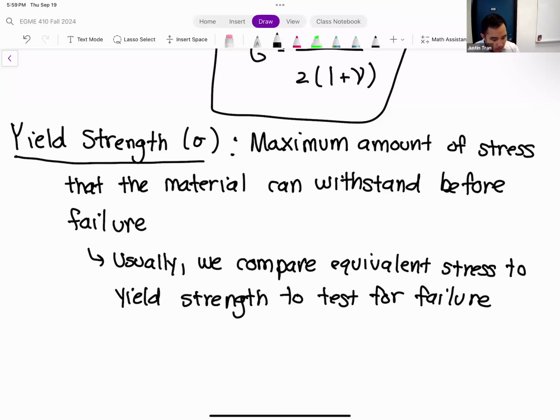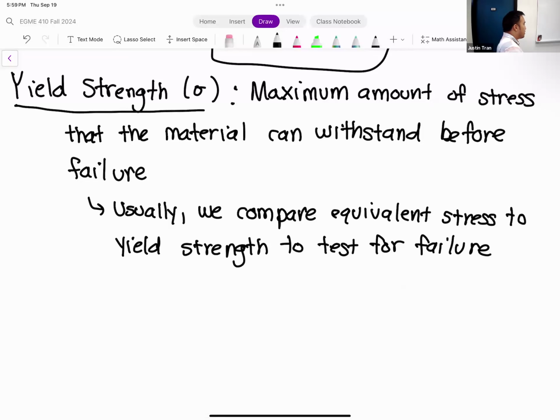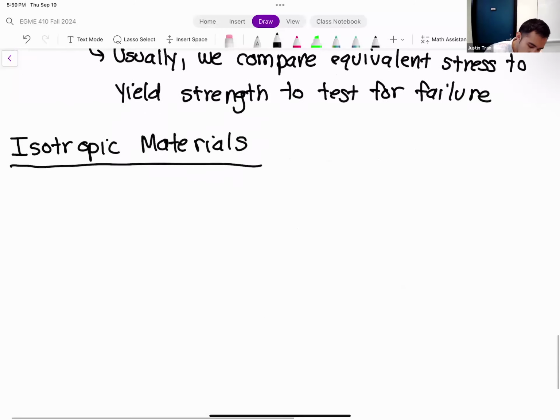Okay. All right. So the next topic that I want to talk about is the difference between isotropic and anisotropic materials. Most of the materials that we're going to use in this class, if you're just using basic static structural, or basic structural steel or basic aluminum, we assume those to be isotropic materials.